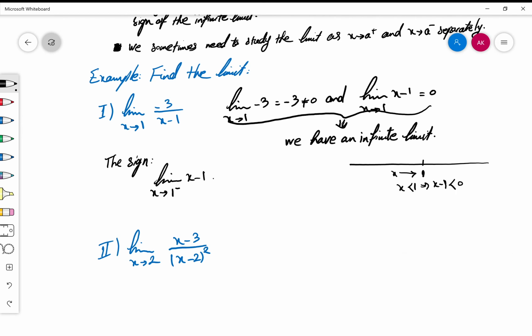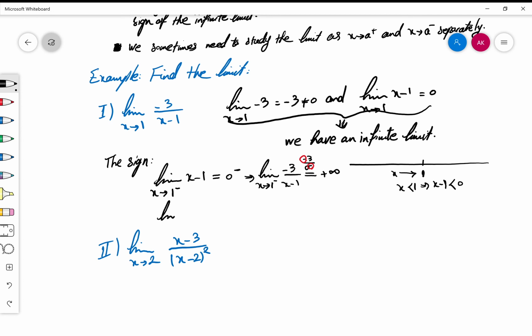So the limit will be 0, but it will approach 0 from the left. And that means that the limit of negative 3 over x minus 1 as x goes to 1 from the left is negative 3 over 0 negative. There is a negative sign up there, and a negative sign coming from the 0 limit, which gives us positive infinity.